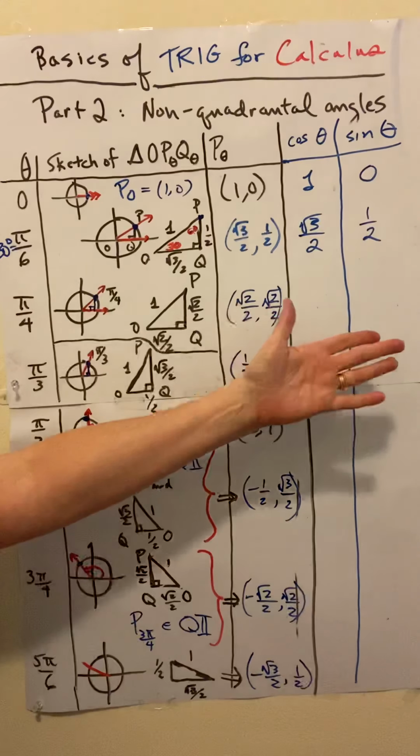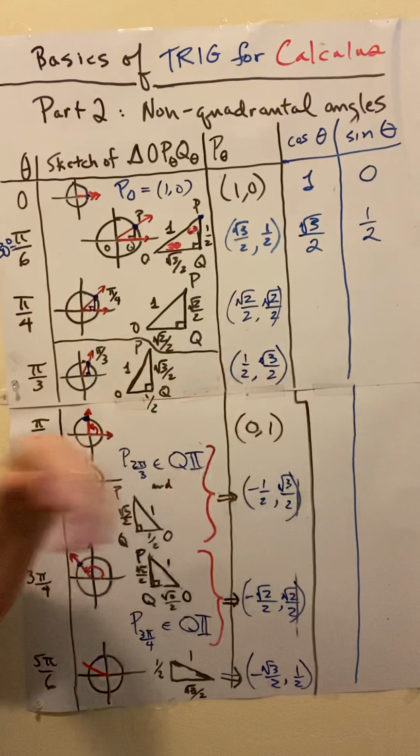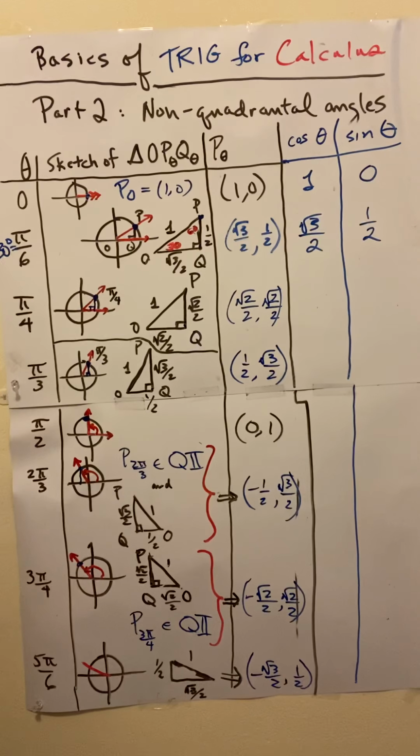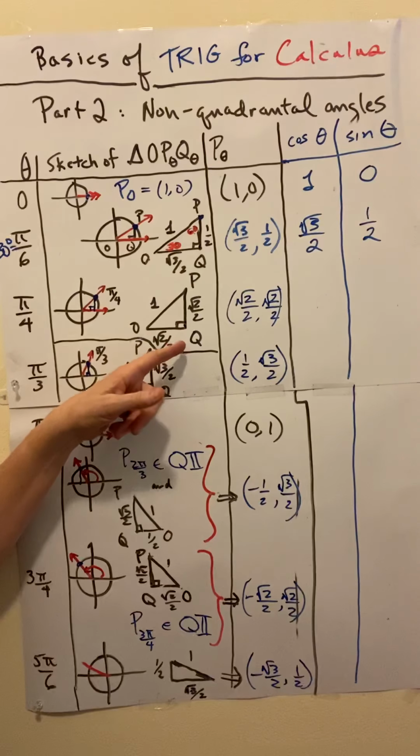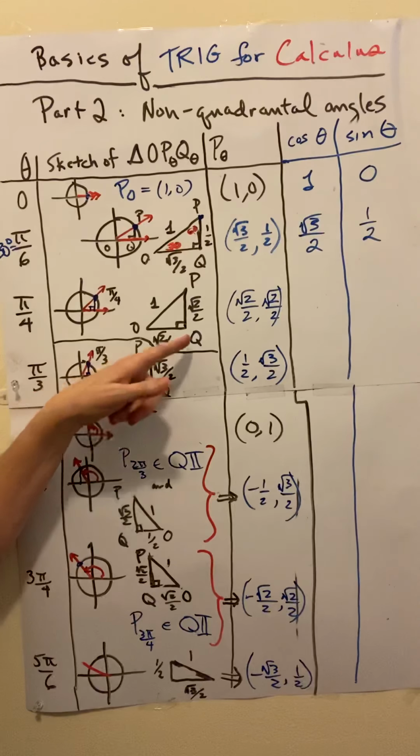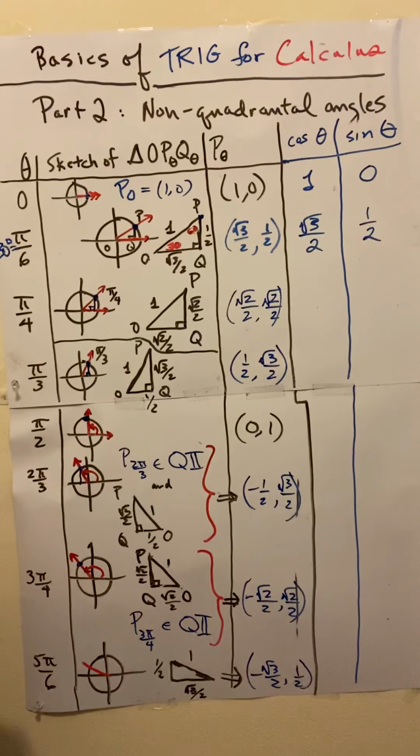What I'm showing you is what you can deploy for any angle. For any of the special angles, multiples of pi over 6, or pi over 4, or 0, or pi over 2, you should be able to draw the angle in standard position, find the resulting P sub theta, and drop down to the x-axis to get Q, or project up to the x-axis to get Q. Q is always on the x-axis.